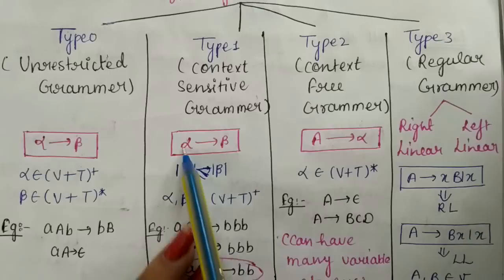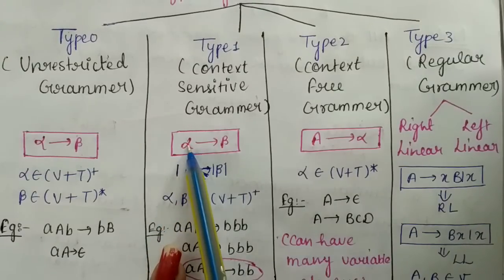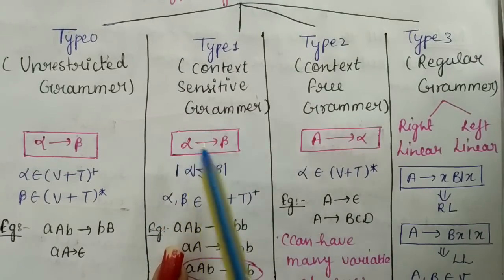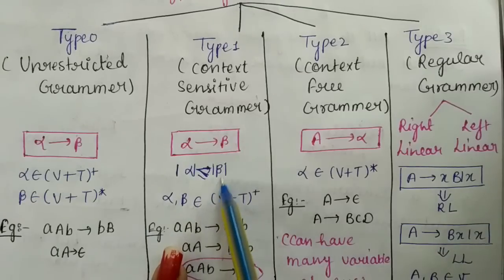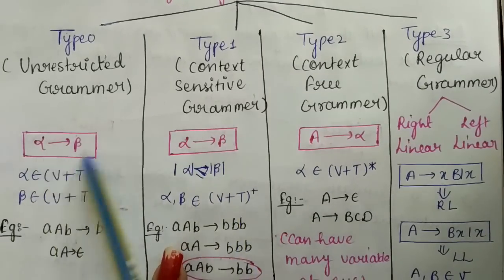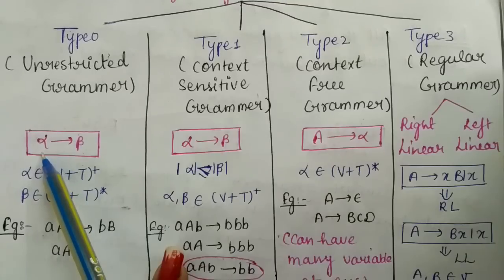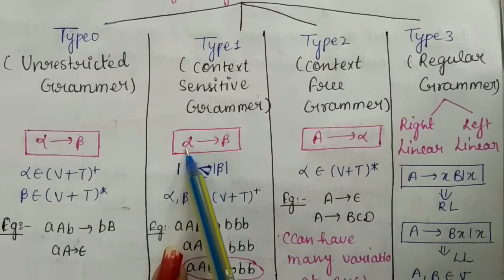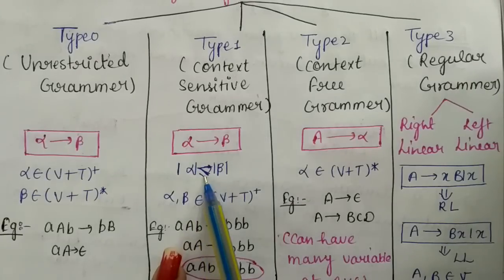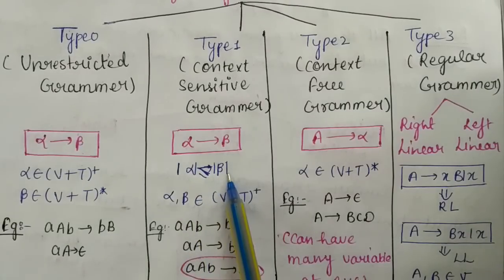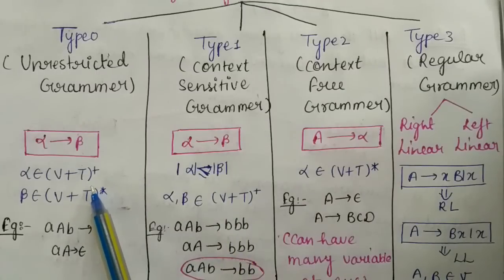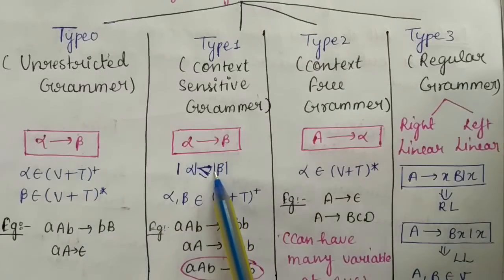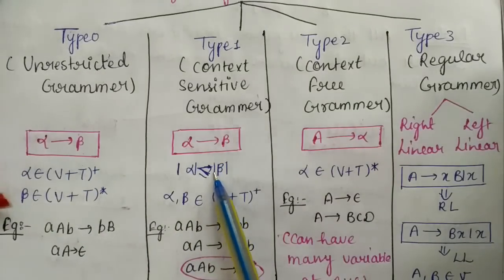The restriction is: if we take alpha, the length of alpha is less than or equal to the length of beta. In type 0 we have no restriction on the lengths of alpha and beta, but here we have applied a restriction, so we derive context sensitive grammar.